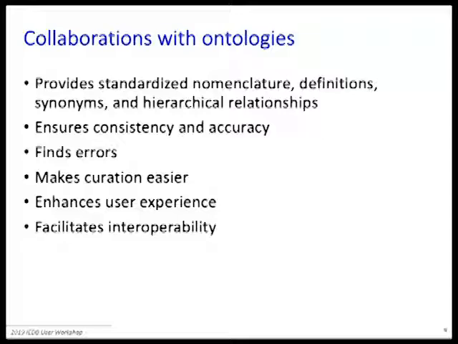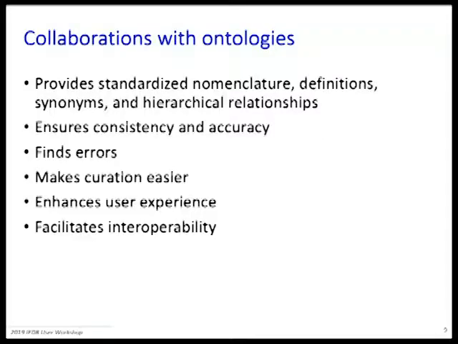So there's NCBI taxonomy, which determines the names for species, and the MHC ontology determines the proper nomenclature for MHC molecules, which is really complicated. And it also provides a hierarchy, a relationship between the terms that helps organize the data, that makes the search easier, and also makes it easier for our curators to enter the data because they're picking from these ontology terms rather than typing anything in.